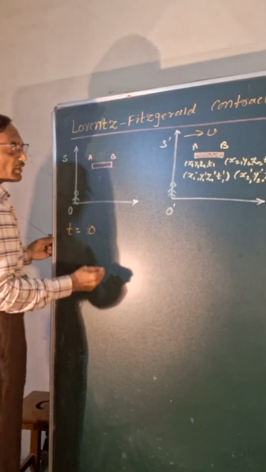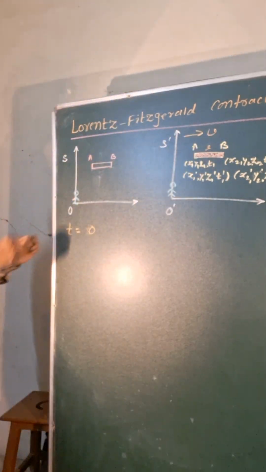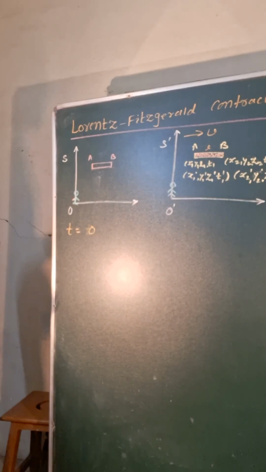Let AB be the rod whose length is L according to the observer in the S frame.